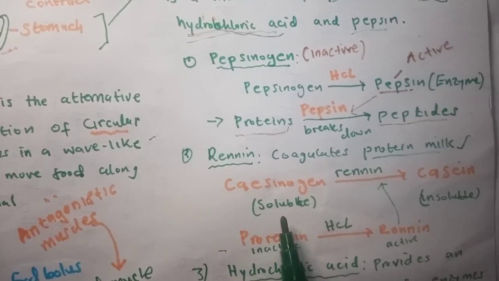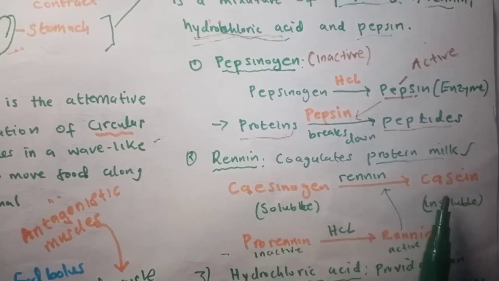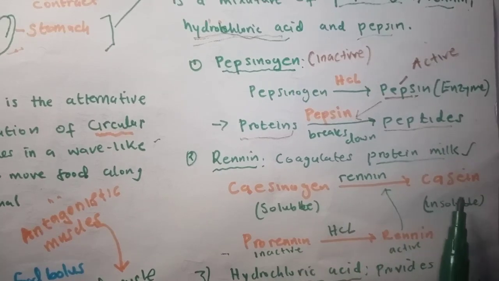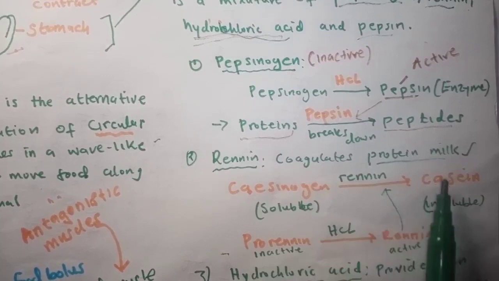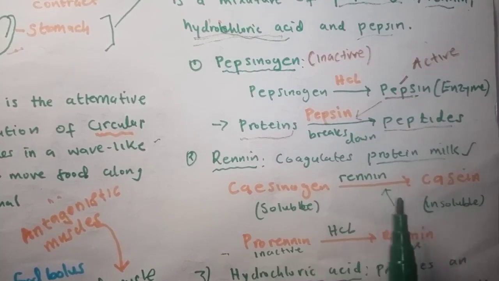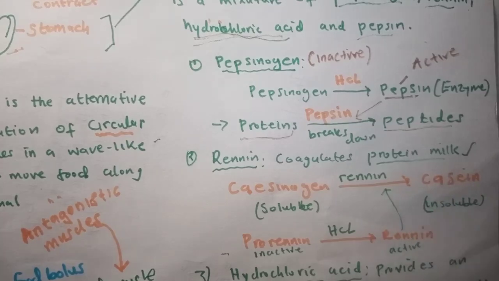It's important that the stomach secretes renin, which converts caseinogen into casein, which is insoluble, so that it can stay a bit longer in the stomach, or else babies would be crying for constant hunger all the time.